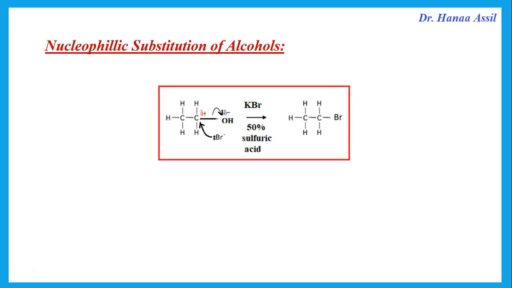The carbon has a slightly positive charge, so the nucleophile attacks the slightly positive carbon, and the electrons of the bond between the carbon and oxygen go to the oxygen. So this is nucleophilic substitution. It replaces the OH with something like a halogen.